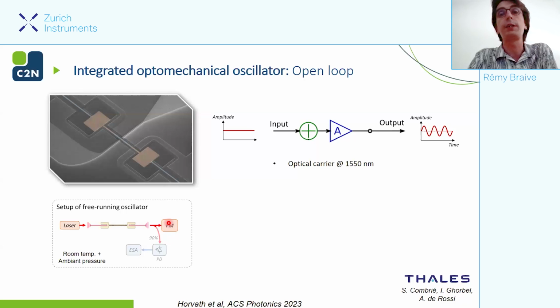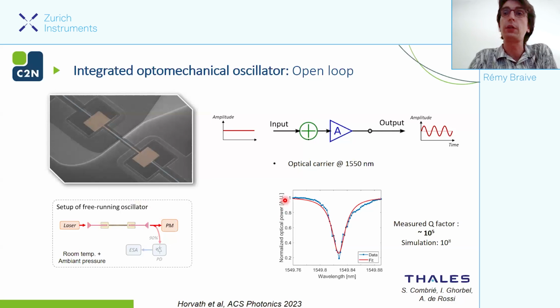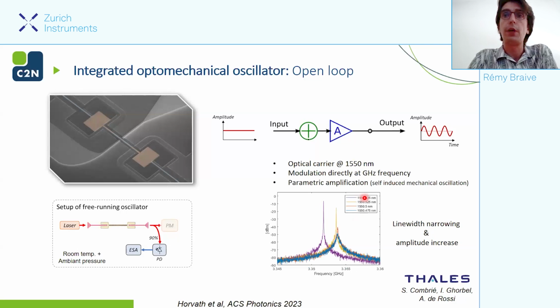By sweeping the laser across the resonance of the photonic crystal, we get this kind of dip, and we can extract a photonic crystal optical quality factor of about 10 to the 5. And with this, we can try to measure the mechanical mode of this structure.